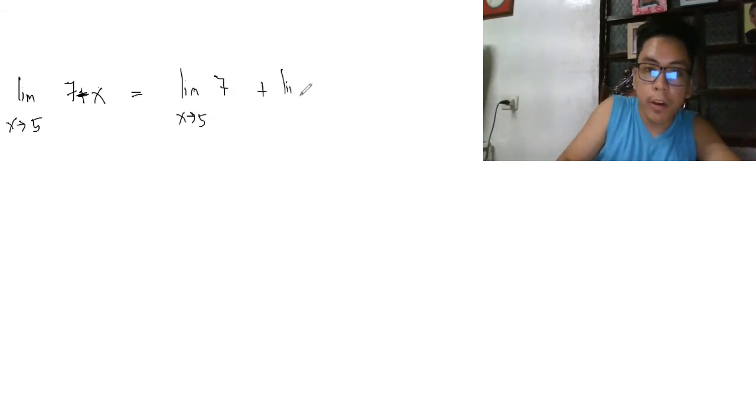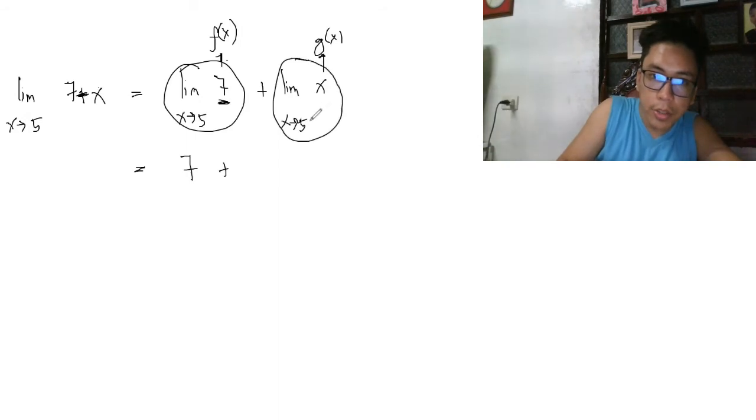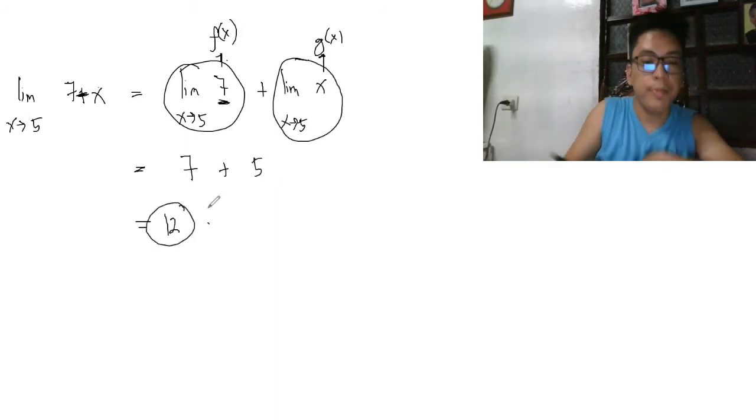So basically, I can have the limit of 7 as x approaches 5 plus the limit of x as x approaches 5. So basically, this is our f of x and this is our g of x. This is the limit of a constant, so technically you're just copying this constant here. So that's 7. This is the limit of the identity function. So that's 5. So your limit is 12. That's it.